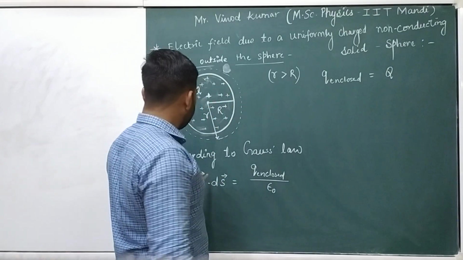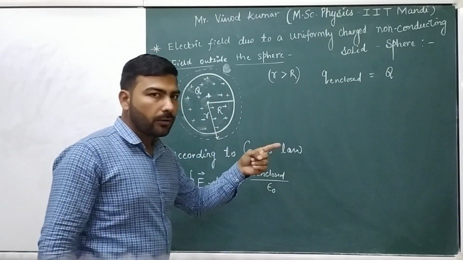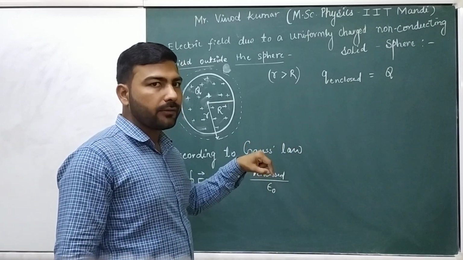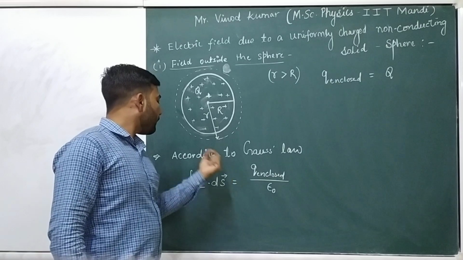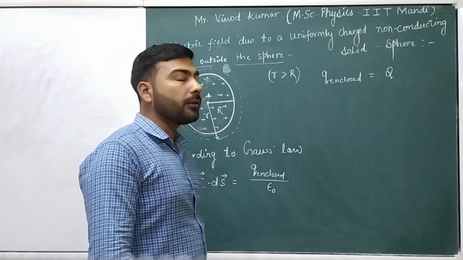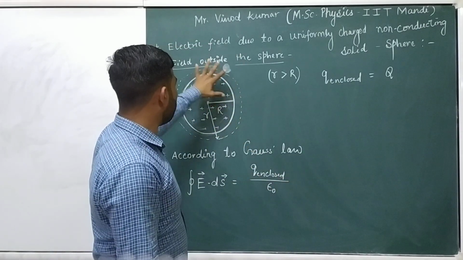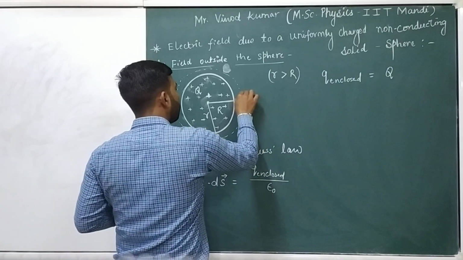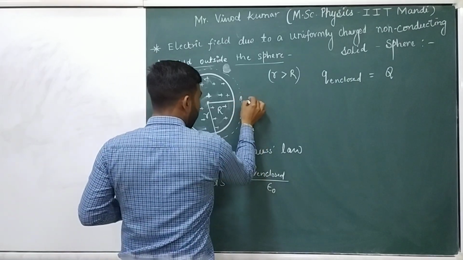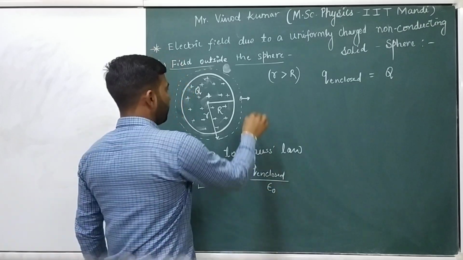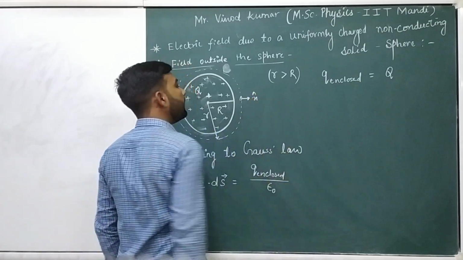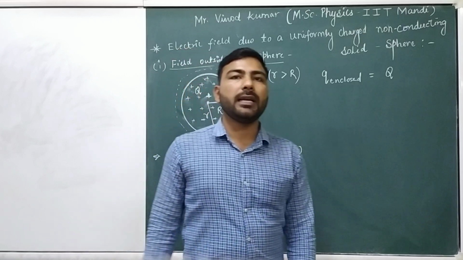Now, the direction of the electric field is radially outward, and the direction of the area vector, let us say n cap, is also radially outward.